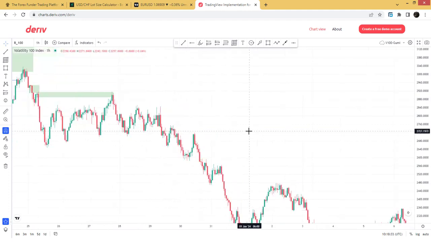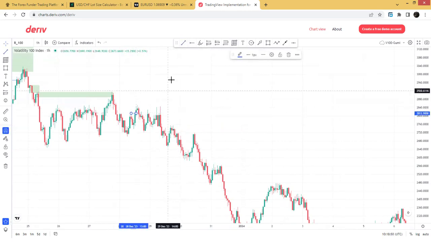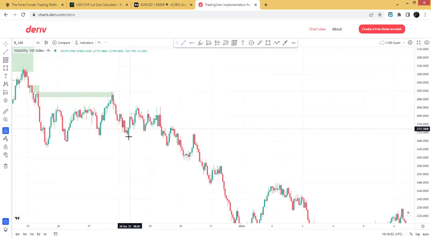Remember, you can always use sweep, break, and SLQ, mark out your QM, or you can use what? Other blocks. Other block is another entry that we use. And for your other block, remember what I said, you always want to see a sweep as well, and then you want to see liquidity above it or below it.